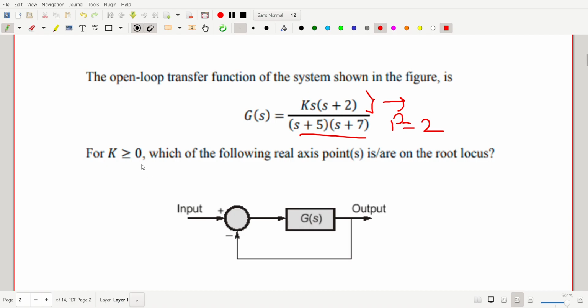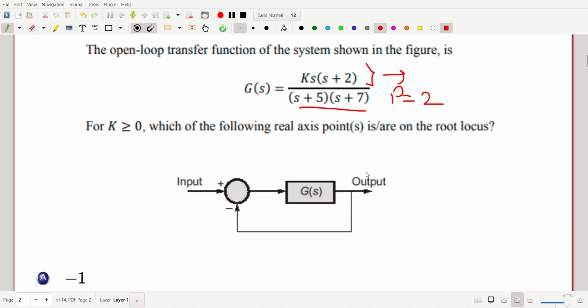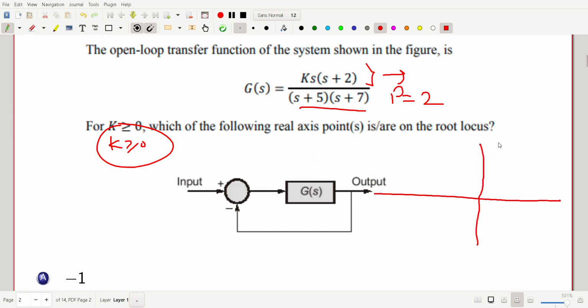Which of the following real axis points is on the root locus? They are saying that our gain K is greater than or equal to 0. Let us draw the s plane. This is the omega axis, and this is our real axis, sigma.